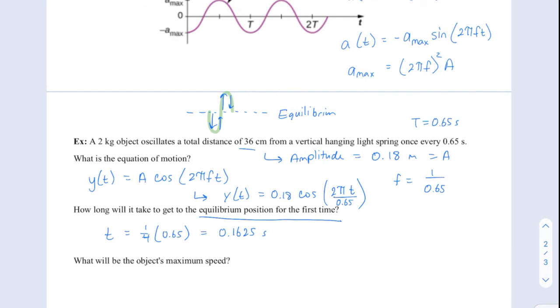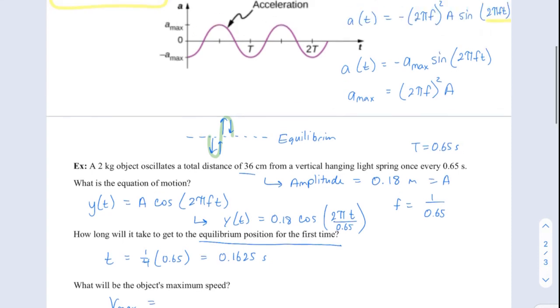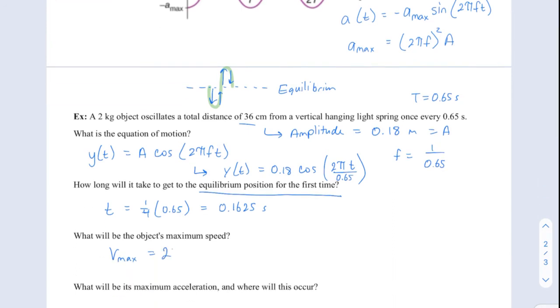Next, the object's maximum speed. That's where I was showing you that relationship: the maximum speed is equal to 2 pi f times the amplitude of motion. So 2 pi, my frequency is 1 over 0.65, times my amplitude of 0.18.